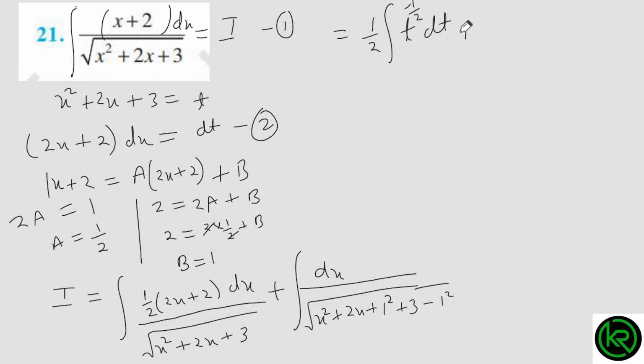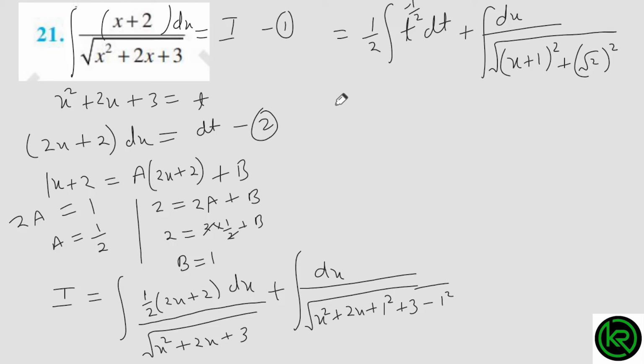Now this is completing the square: x plus 1 whole square, 3 minus 1 is 2, so we can write root 2 square, and here half t to the power minus half plus 1, and downside also minus half plus 1.